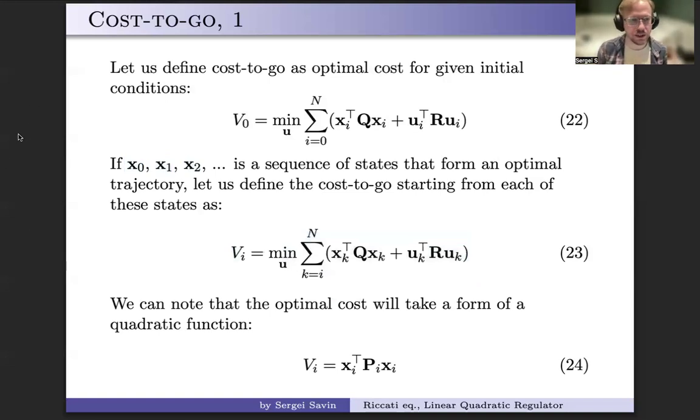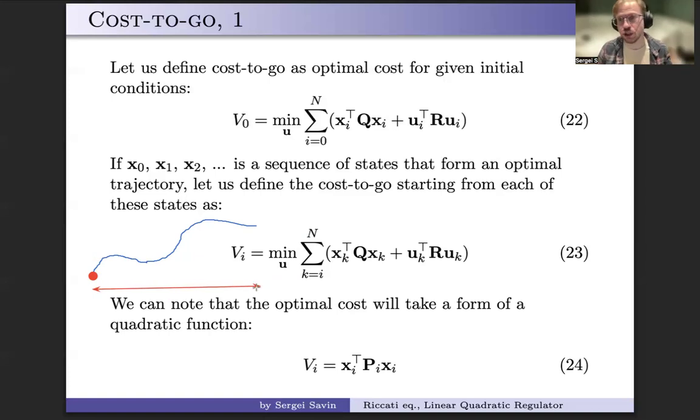We have a whole trajectory. Let me draw it, I guess, maybe like this. I apologize for a shaky line. Right, we have a whole trajectory. Now, if we start from here, we have to compute the cost associated with the whole rest of the trajectory, right?